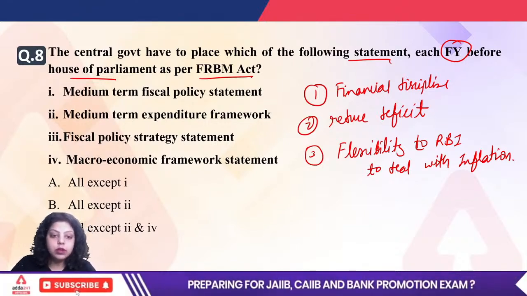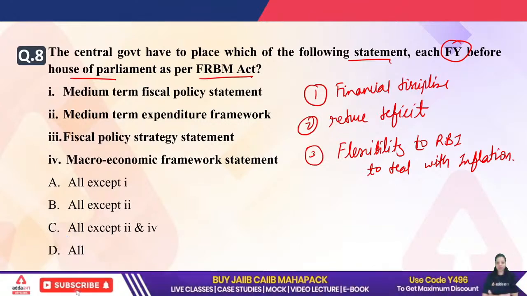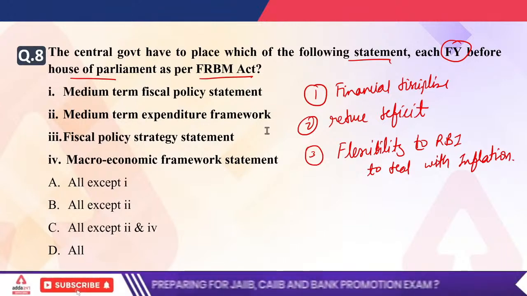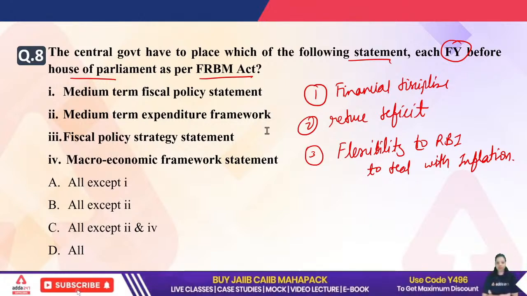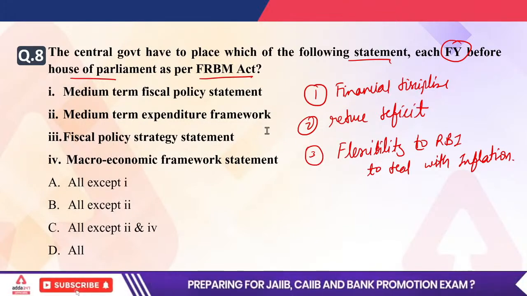So which of the following they have to present before the budget is presented in the parliament? Let me know which of the following is true. If you don't know the answer, then do write that we don't know, so that we will discuss and move forward.